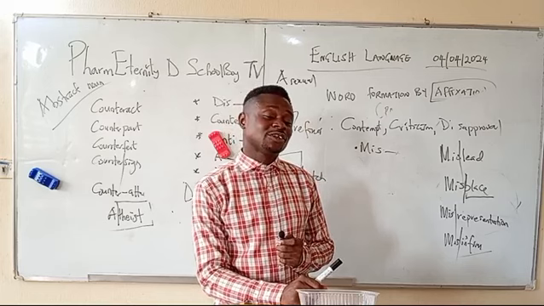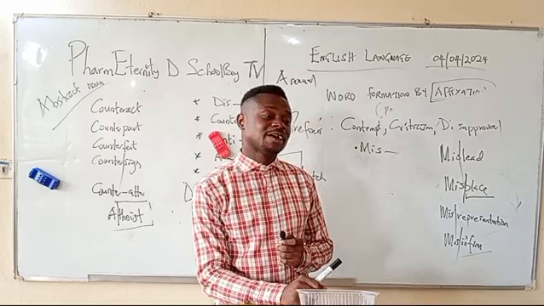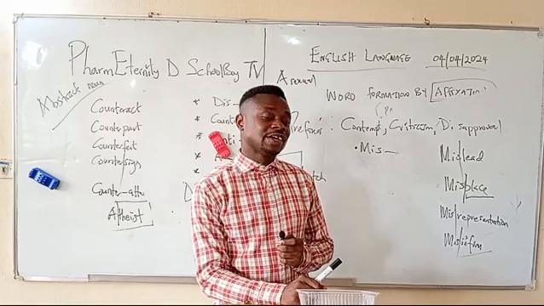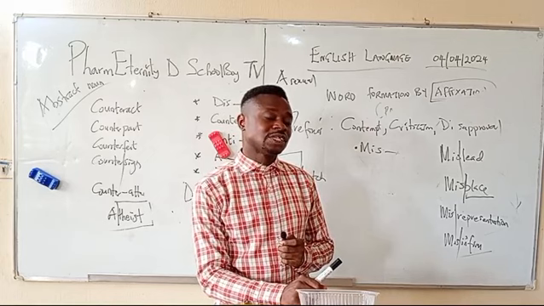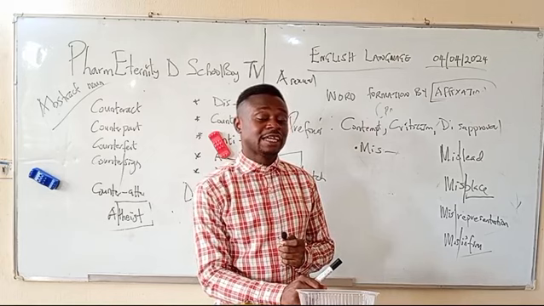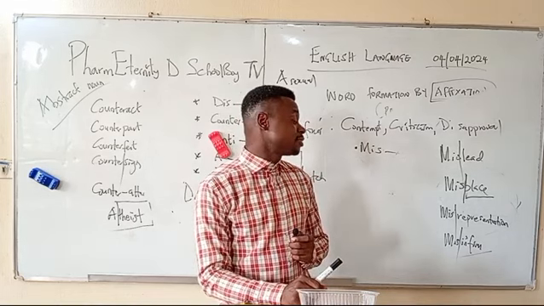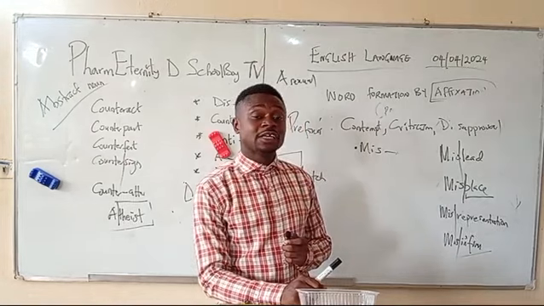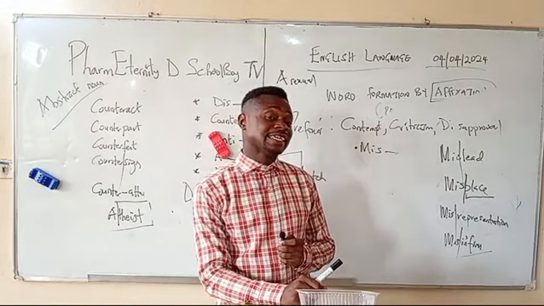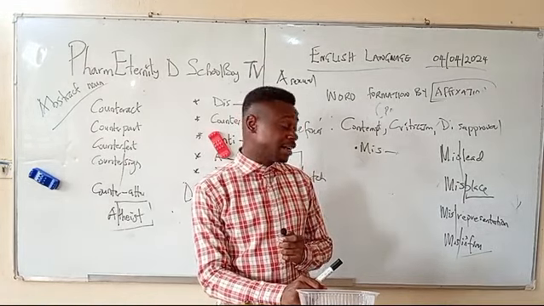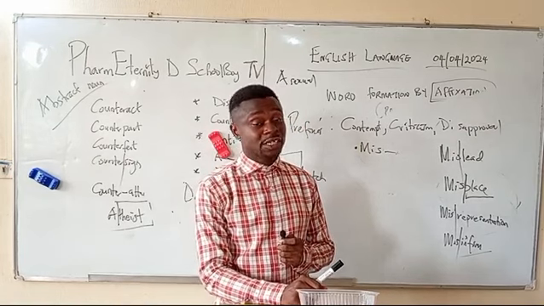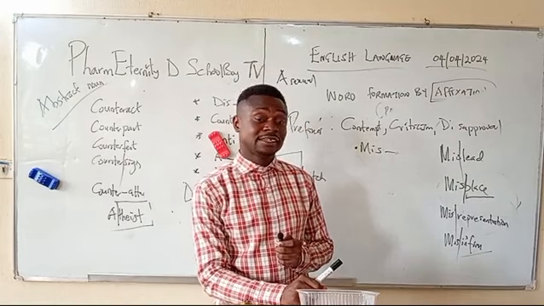So if a lecturer maybe gives information to the class that the lecture will start by 8 a.m., and the class rep now ends up informing the other students that class will start by 9 a.m., the class rep has misinformed the other students, and he has led them astray.